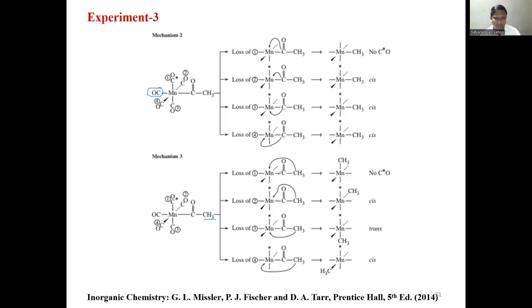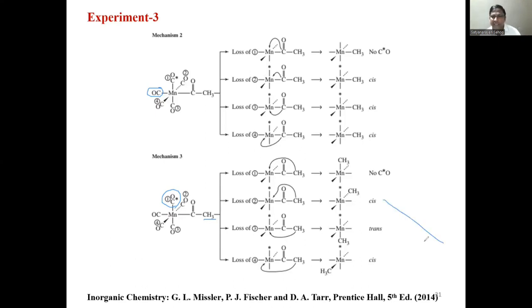Now, when the carbon monoxide is lost from position 1, there is no labeled CO. Now, when the methyl migrates to the 2nd position, the methyl and this labeled CO are cis to each other. Now, methyl migrates to the 3rd position, they are trans to each other. Now, methyl moves to the 4th position, they are cis to each other.